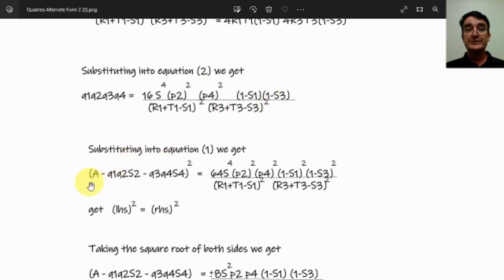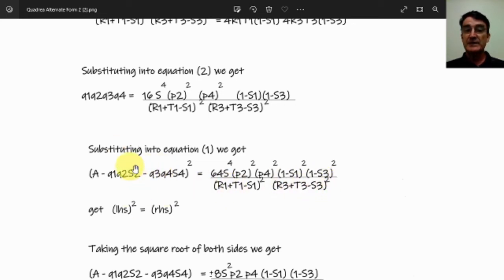After substituting in equation 1, we get A minus Q1, Q2 times S2 minus Q3, Q4, S4 all squared is equal to 64 S to the power 4 times P2 squared times P4 squared times 1 minus S1 squared times 1 minus S3 squared, all divided by R1 plus T1 minus S1 squared divided by R3 plus T3 minus S3 squared.